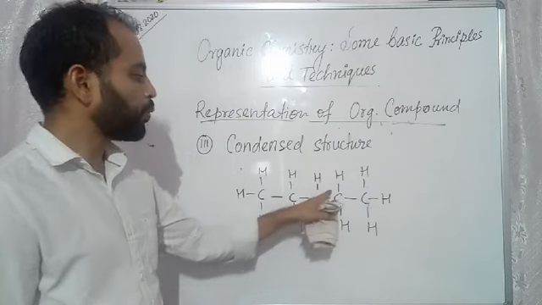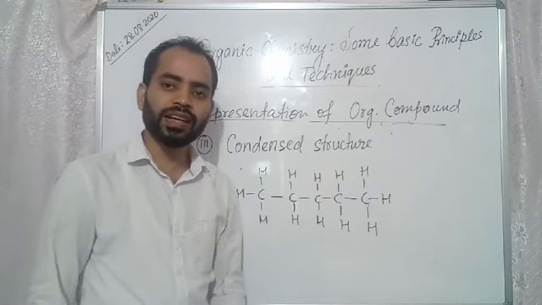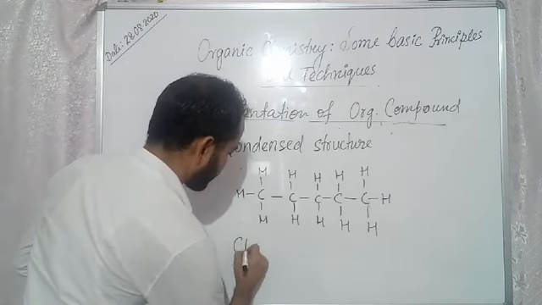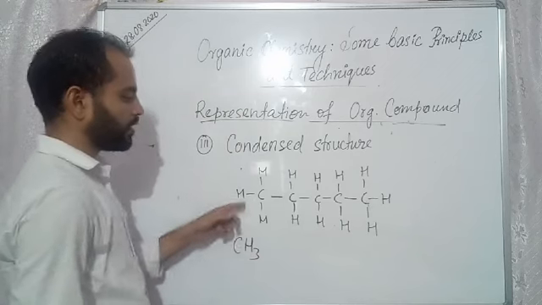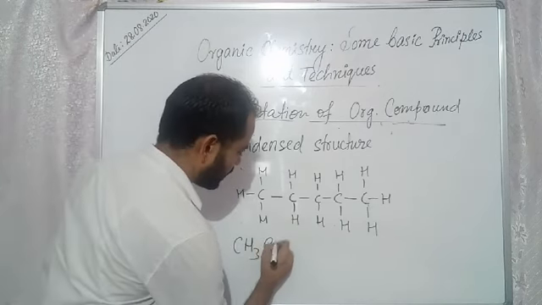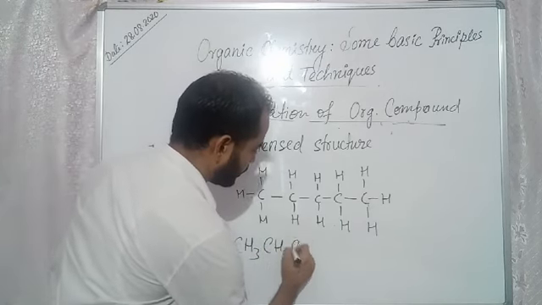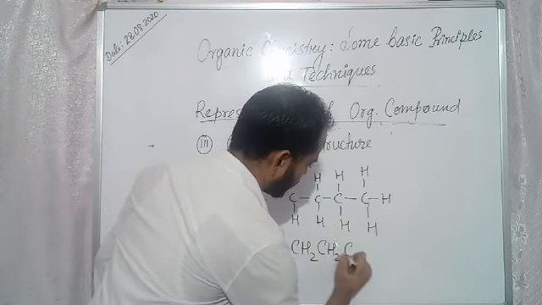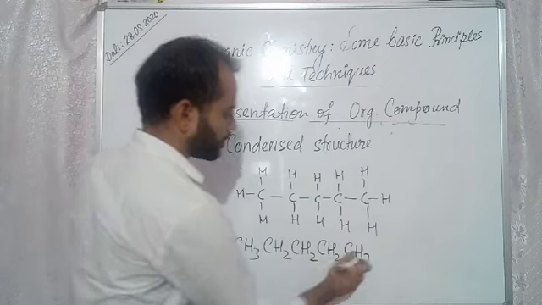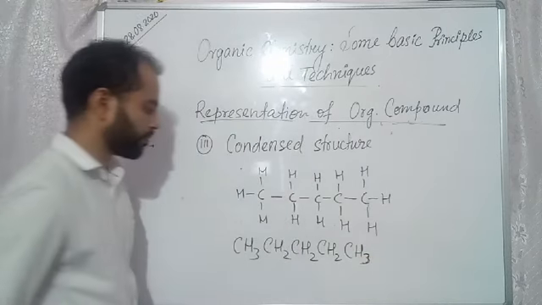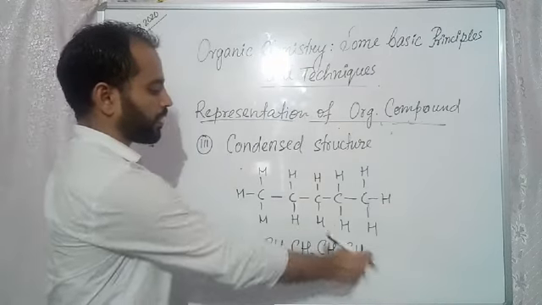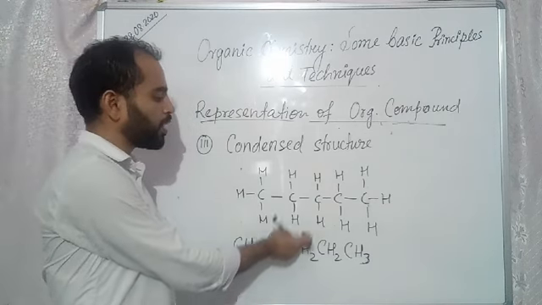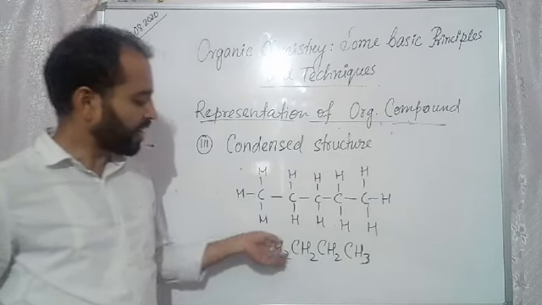Now you see, we can write in condensed way, condensed structure. How can you write? CH3, then CH2, CH2, CH2, CH3. 1, 2, 3, 4, 5. So this is the condensed formula of this one. We can further condense it.